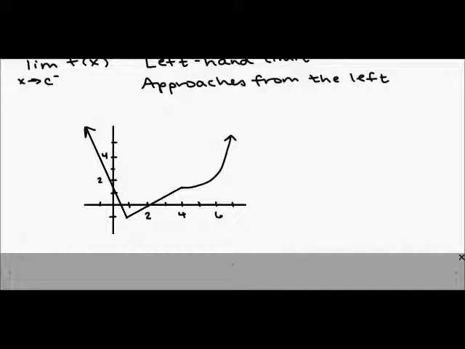So right here we have a graph of a function. You could have any function here. And let's say I wanted to find the limit of this function, let's call it f of x, as x approaches 2. And let's do the right-handed limit first. Okay, so from the right.